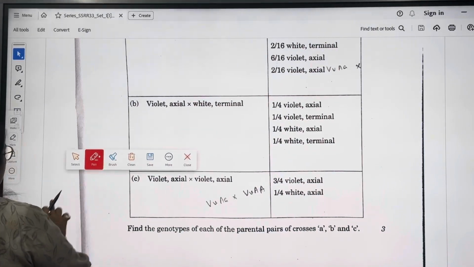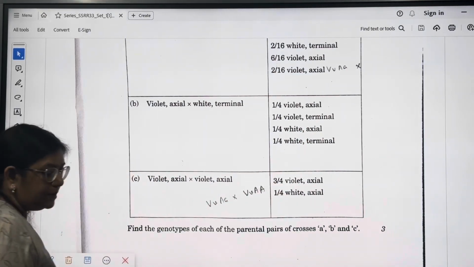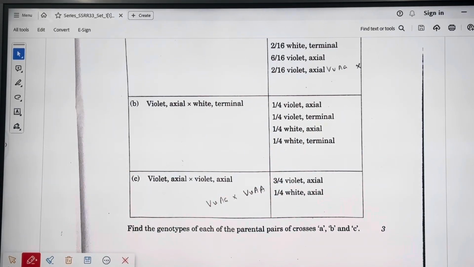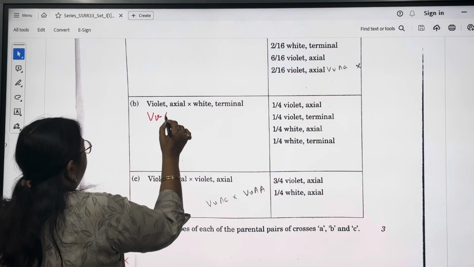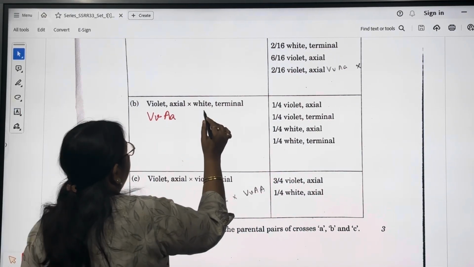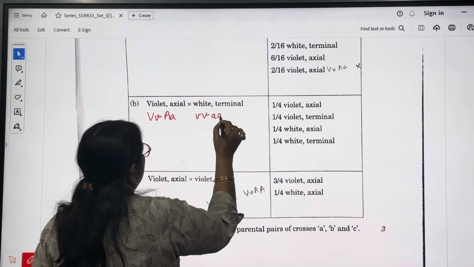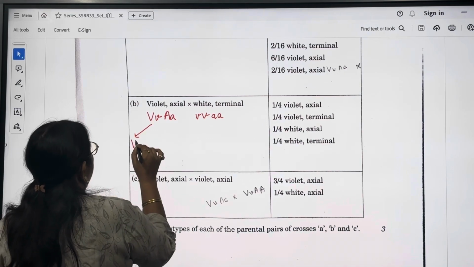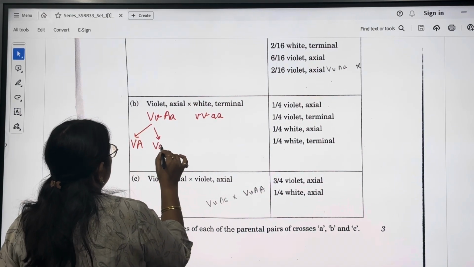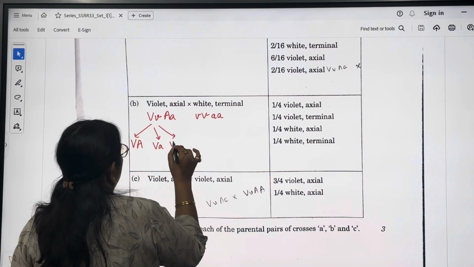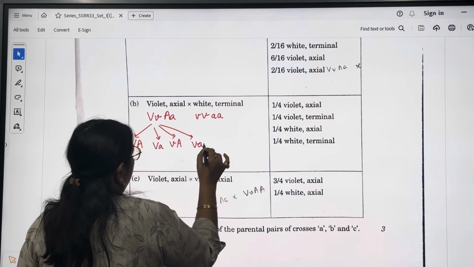Simple. The genotype for violet axial is capital V small v, capital A small a, and for white terminal, small v small v, small a small a. The violet axial plant produces capital V capital A, capital V small a, small v capital A, and small v small a gametes.